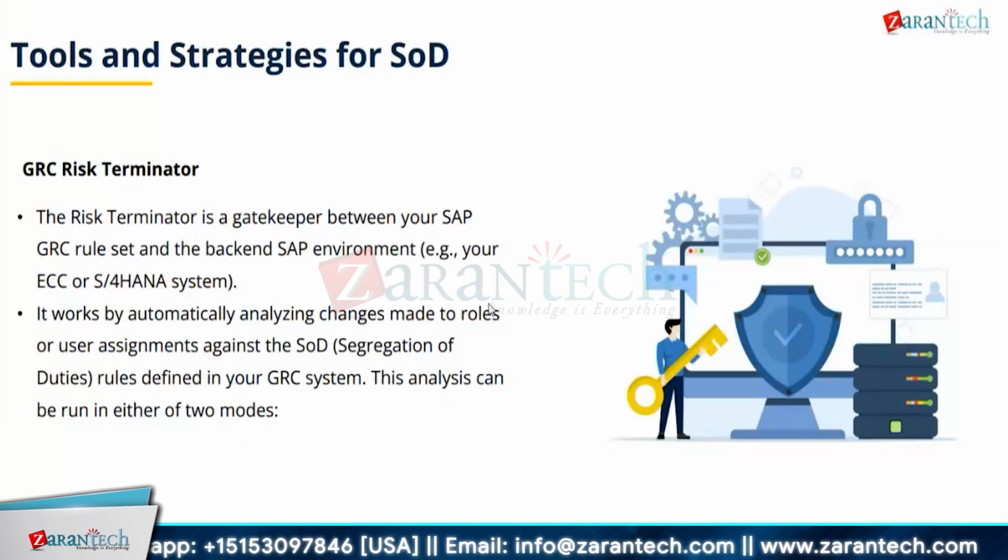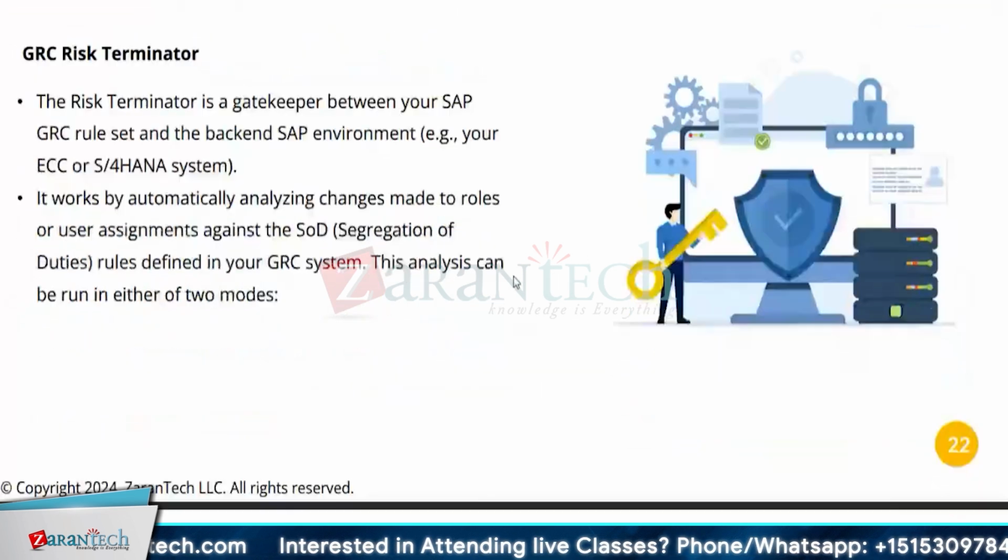Setting up new suppliers and approving payments is an SOD conflict, and the risk terminator engine will flag it, so that the same person does not have both roles. In that way, we can prevent potential fraud that may happen due to the same person being assigned both roles.